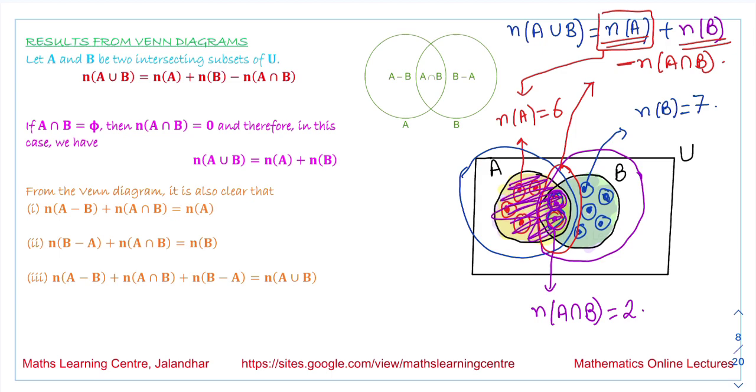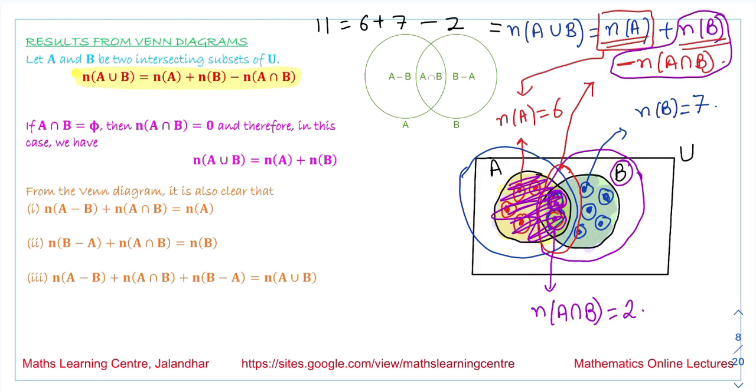What we are left with are the values in B which are not in A. So we write these as the number of values of B minus the number of values of B which are common with A. So we obtain this formula: n of A union B is equal to the number of elements of A plus the number of elements of B minus the number of elements of A intersection B. The answer in this case is 6 plus 7 minus 2, which is equal to 11. So the total number of elements we have is 11.